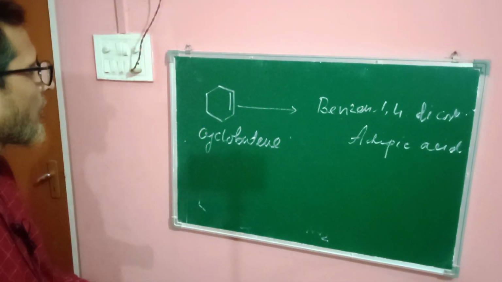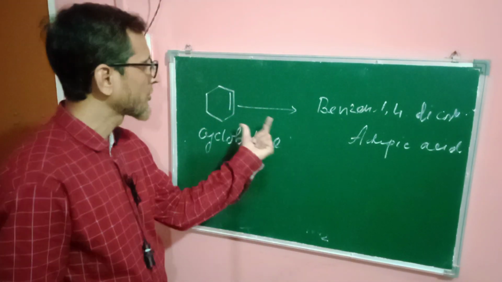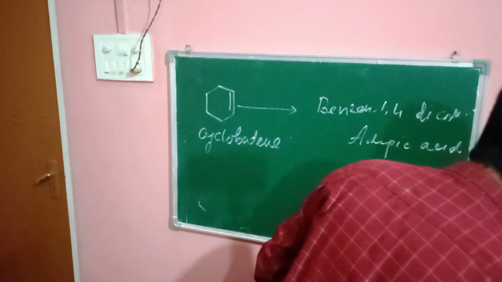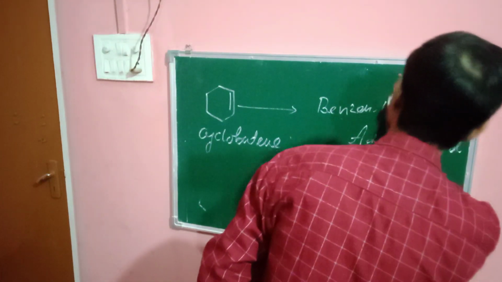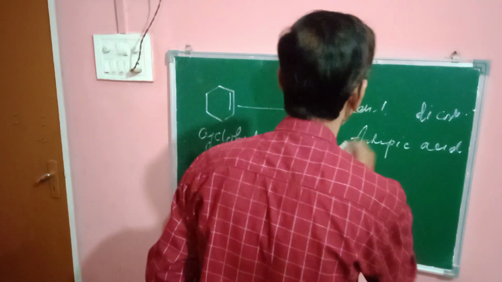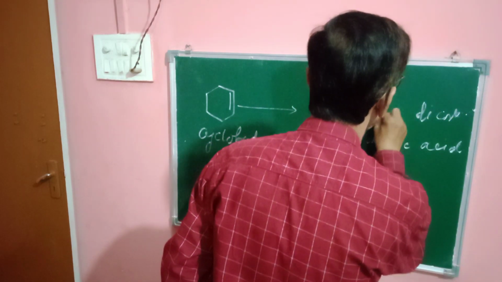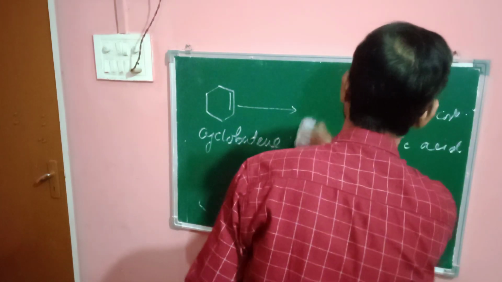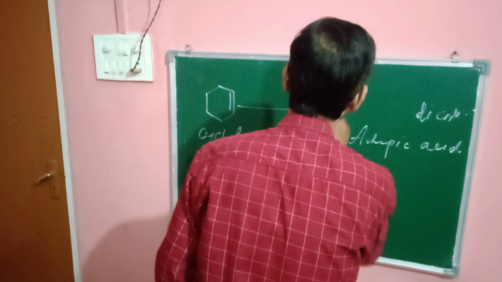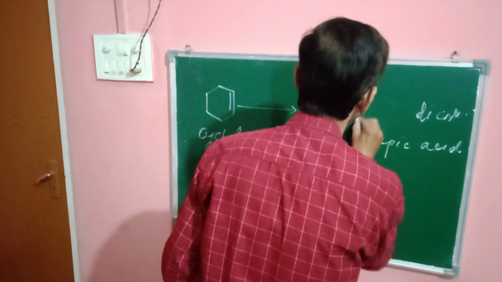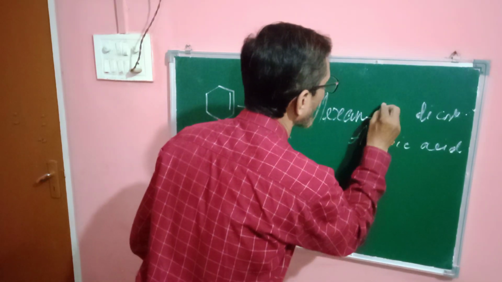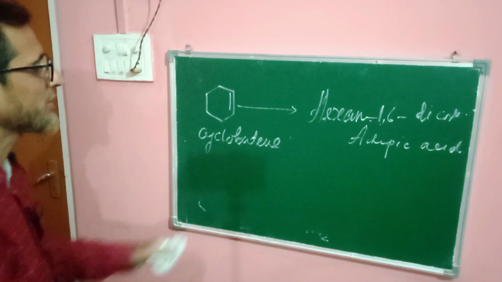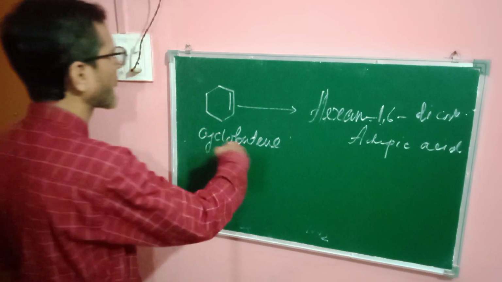You can't imagine how we can convert this to adipic acid. It is not 1,4. Adipic acid is hexane 1,6-dicarboxylic acid. Adipic acid means it is an open chain compound and this is a cyclic compound.